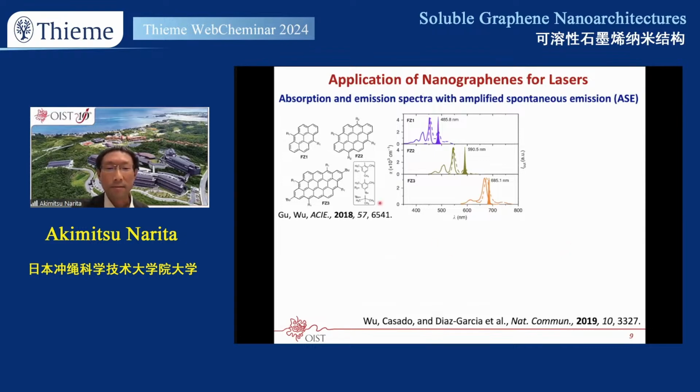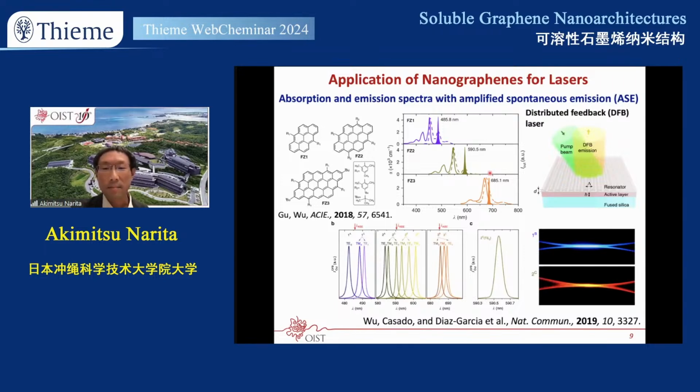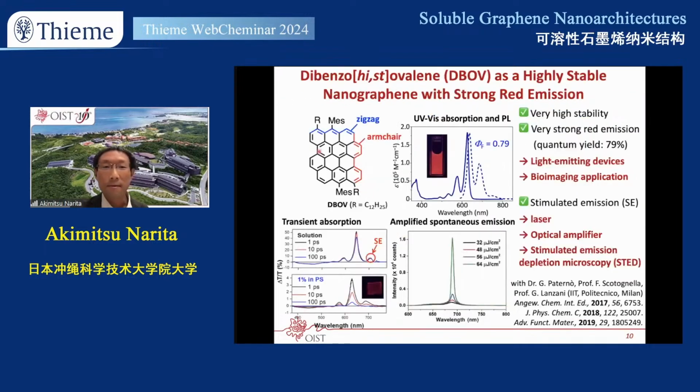And more recently, Professor Jishan Wu reported together with Professor Diaz Garcia that such zigzag-edged nanographenes have very interesting emission properties, and this can actually be applied to lasing devices. In my group, a bit related, we developed a graphene nanostructure which can be called dibenzo-hexa-peri-hexabenzocoronene, which we call DBOV.